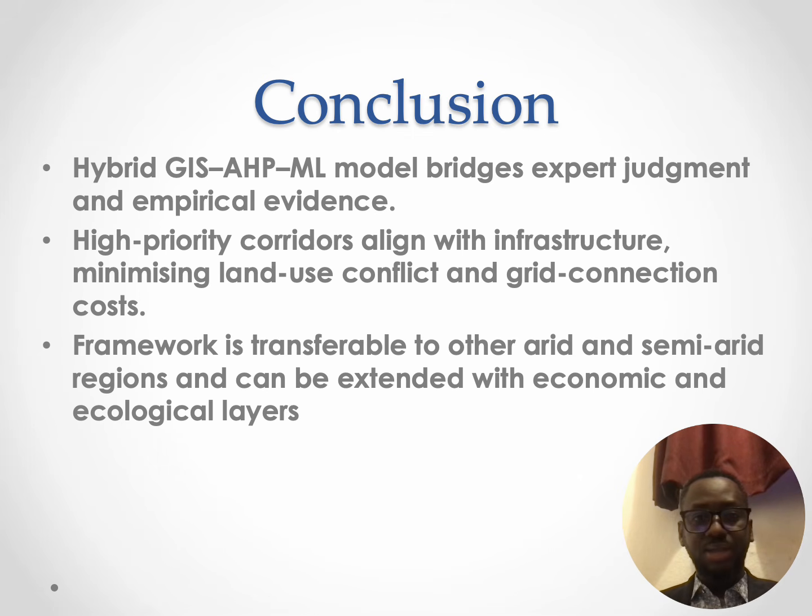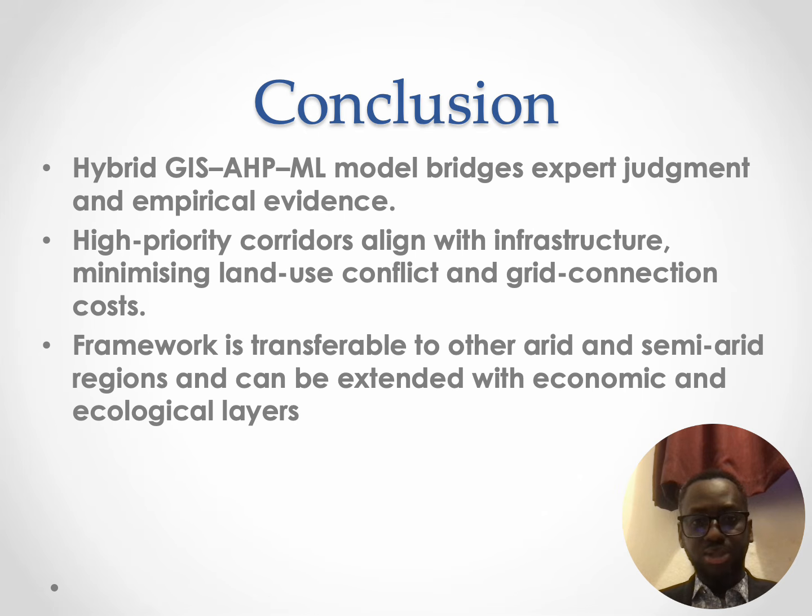By integrating GIS, AHP, and machine learning, this study provides a more transparent, accurate, and data-driven approach to solar site selection. The hybrid method balances expert knowledge with empirical evidence and ensures that siting decisions account for terrain, infrastructure, environmental constraints, and energy potential.